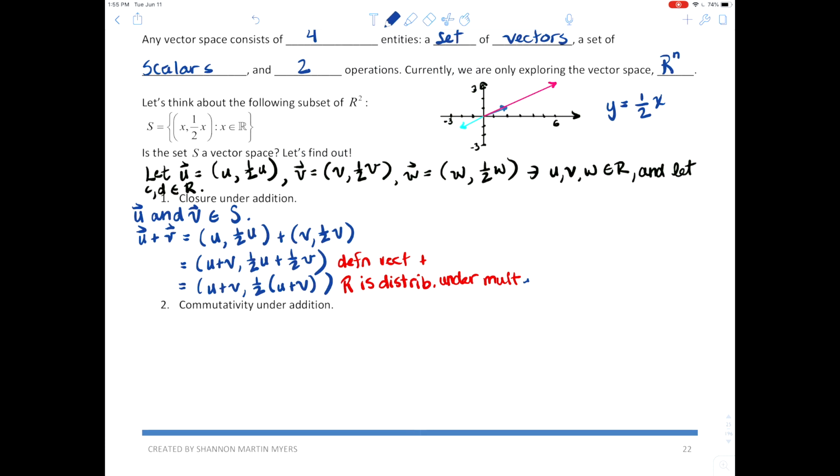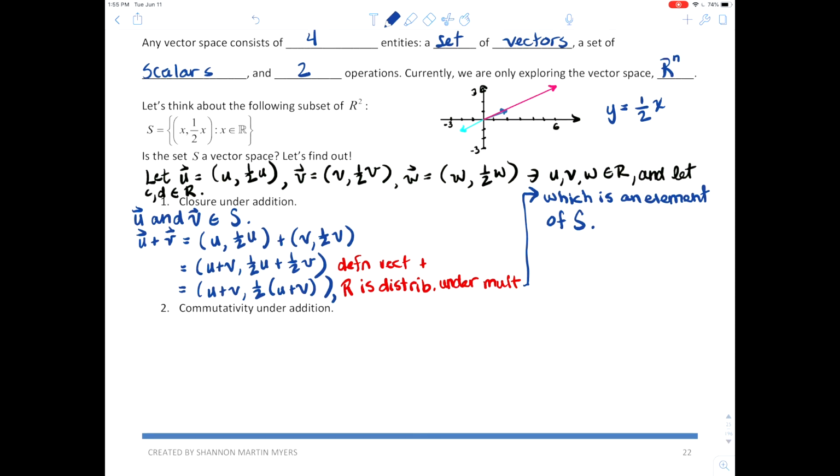And then continuing, what would we say? Which is an element, I'll put a comma here, which is an element of S. And so we're done. We've shown that when we add any two vectors that are from that set, we get a vector that's part of the set.